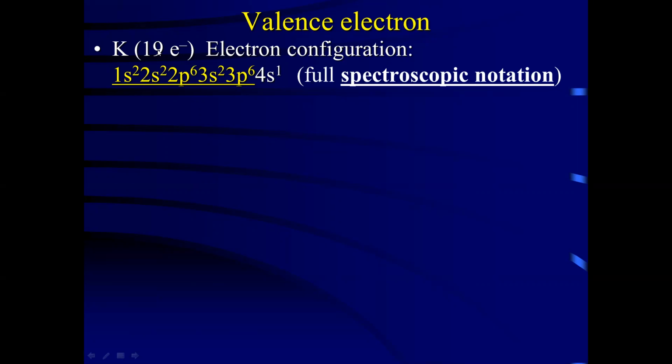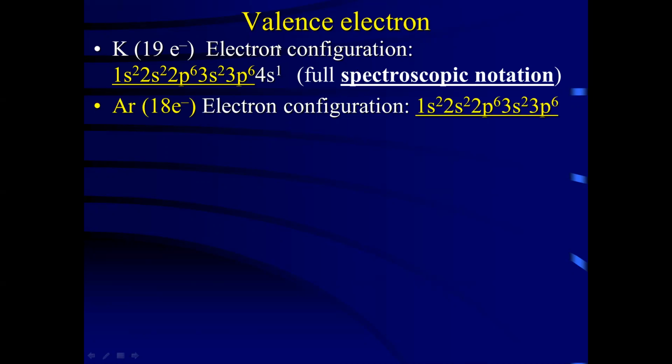Because we have 19 electrons, we have to calculate: now we have 10, I put 2 here, 12, 18, that is 19 electrons, then we finish. This we call the electron configuration in spectroscopic notation, which means we write down everything.